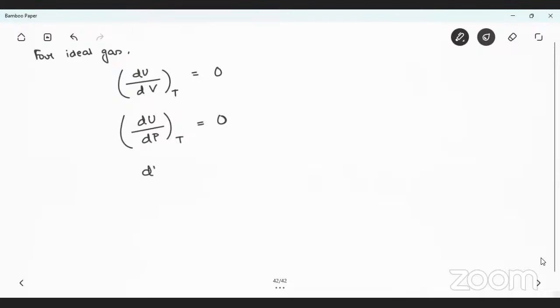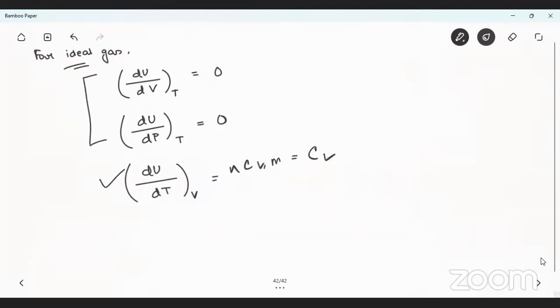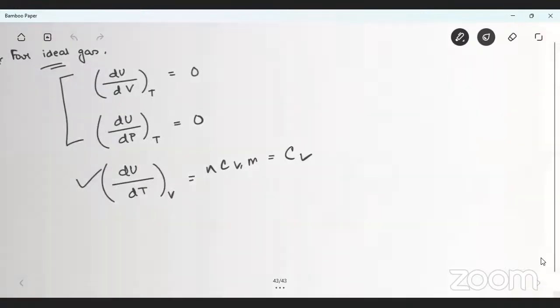And dU by dT at constant volume will be equal to n CVM, which is CV. This derivation we have already learned, but this is for an ideal gas. So always remember this. This is very important. Up to this, is this part clear to everyone? Yes, ma'am. Okay, good.